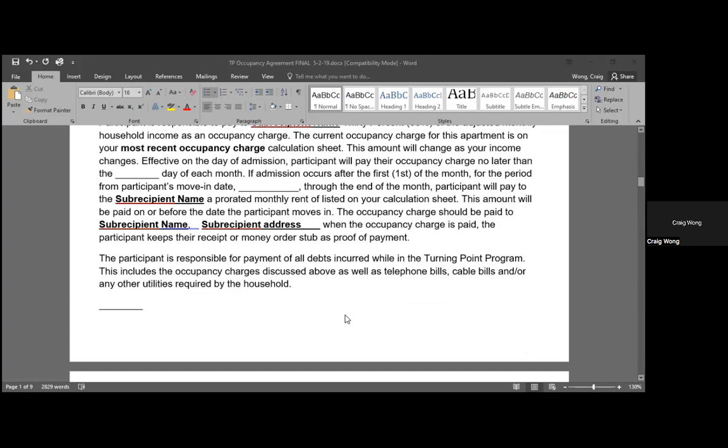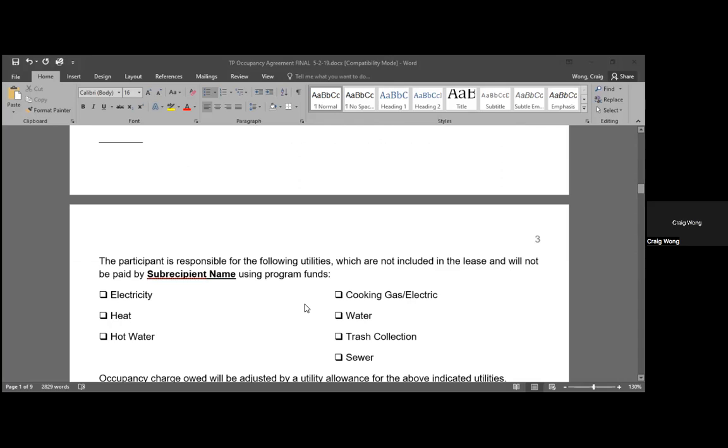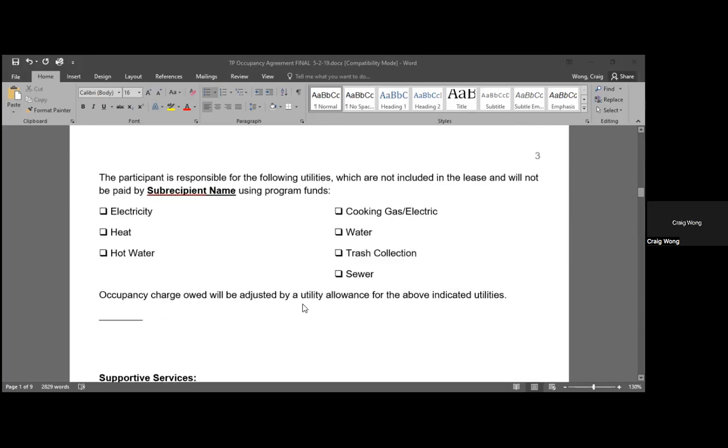Also, as you can see, after each line is discussed with the client, there's a line at the bottom where the client or the participant would initial their name to verify that the issue has been discussed with them. Again, this part of the occupancy agreement talks about their responsibility in residing in the unit.